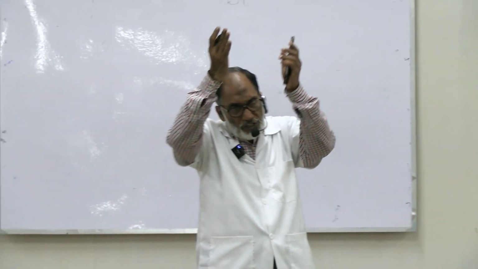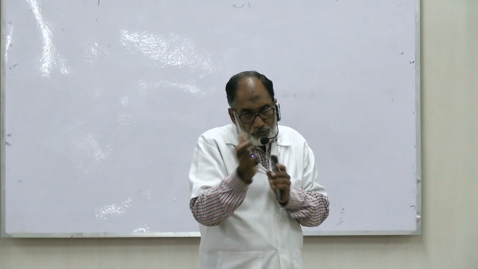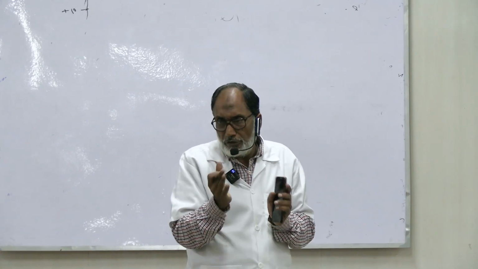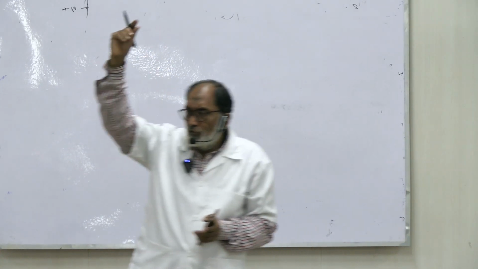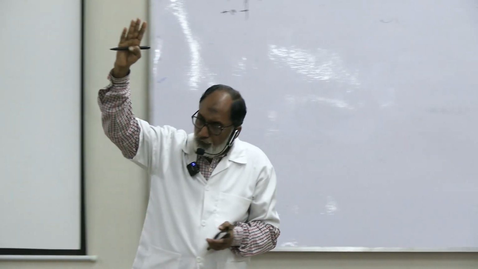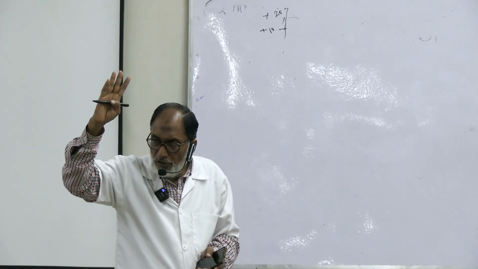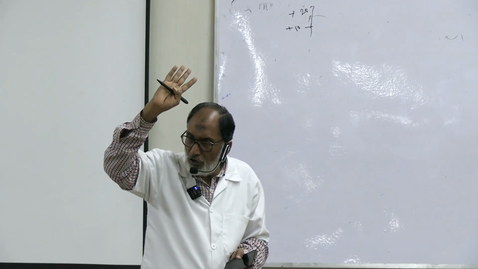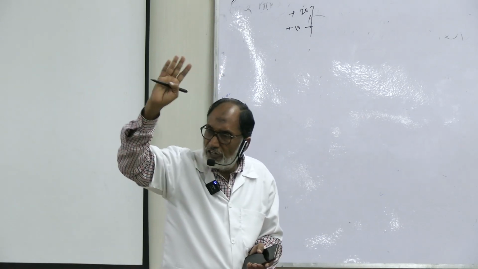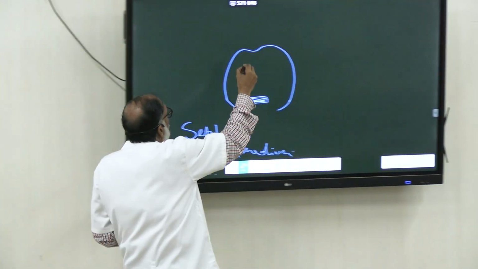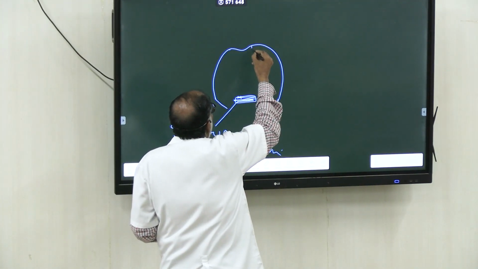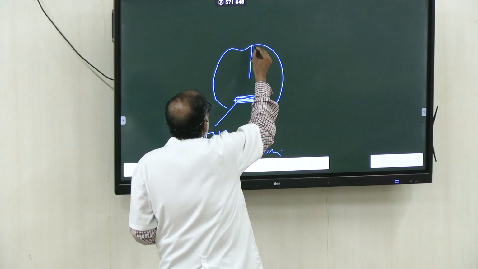I am drawing the septum to divide it into right and left atrium. First, a septum will develop from the roof and dorsal wall of the common atrial chamber. This is the roof.